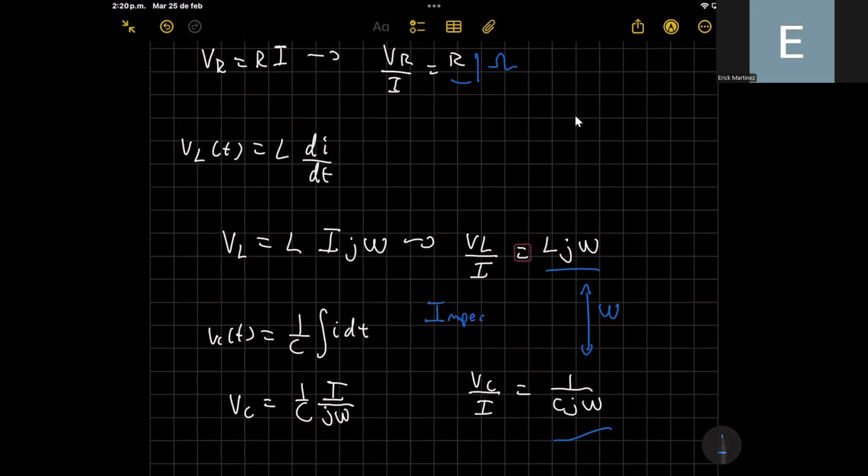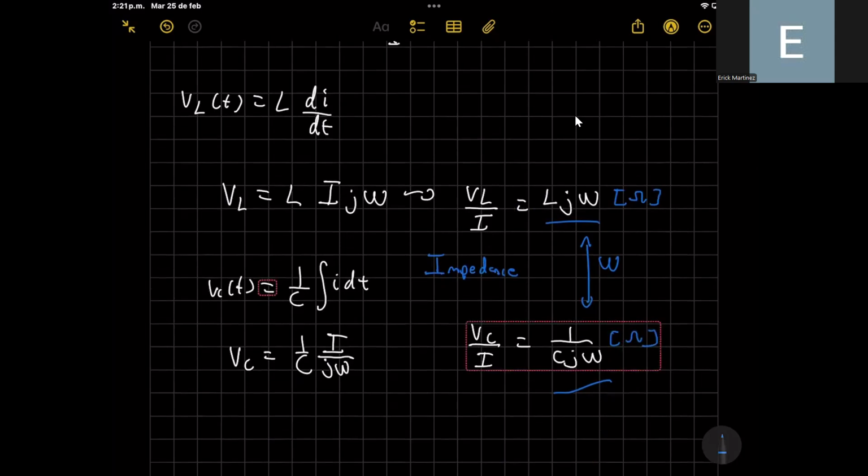So the impedance is essentially a resistance that depends on the frequency. If you change the value of the frequency, the impedance of that element will change, and it is always measured in ohms.